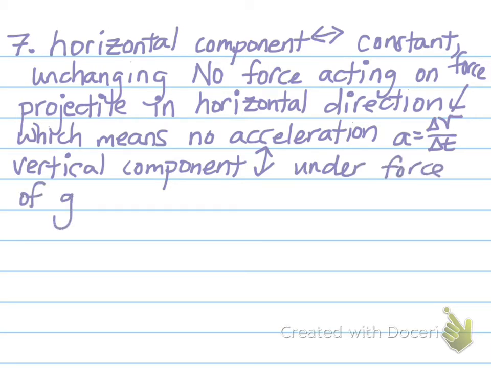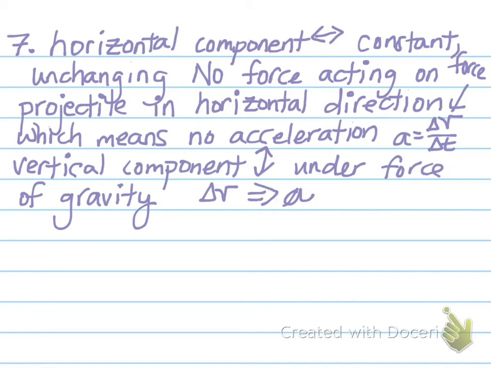So gravity is a force that is affecting this, and causing a change in the velocity in the vertical part, which causes a change or an acceleration. So that's question number 7.